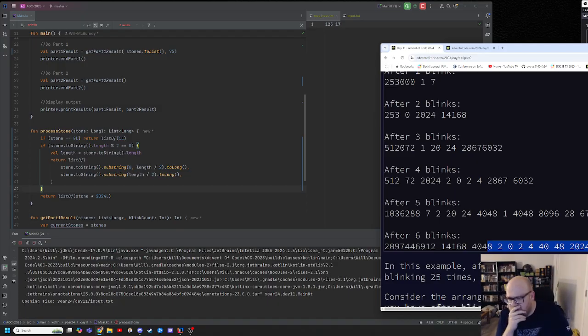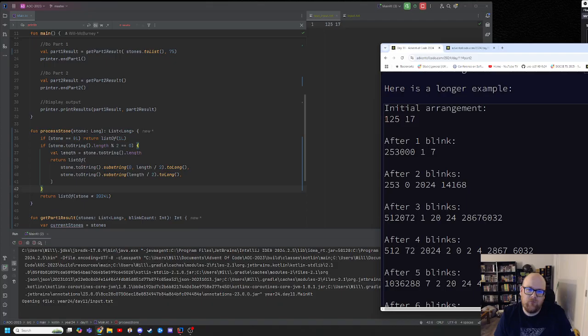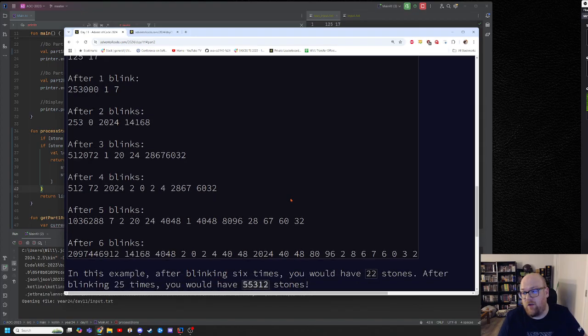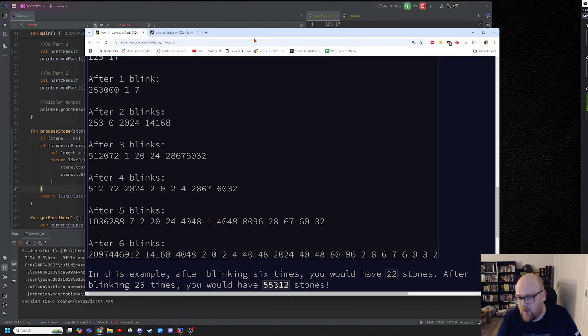And maybe that's the trick. Let me think about this one. To be clear, my code's running. It's just that this is exponential growth, and I'm probably going to run out of memory.